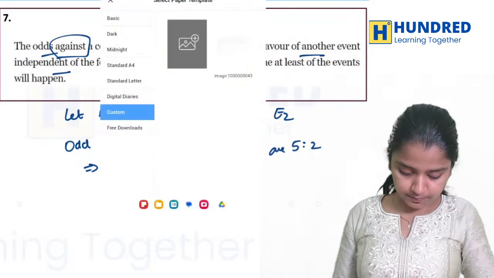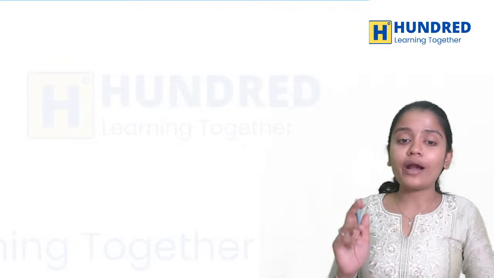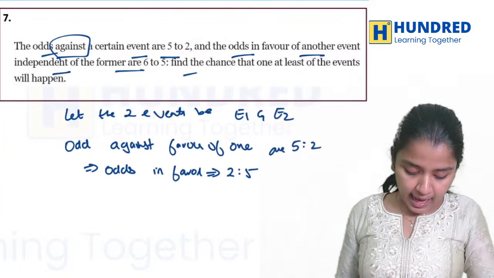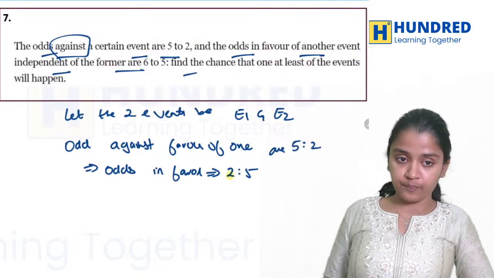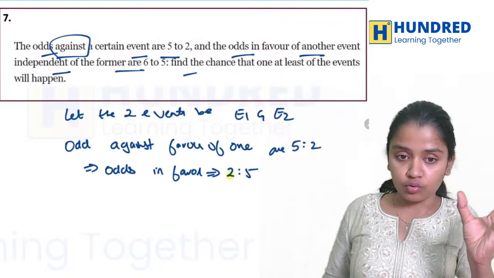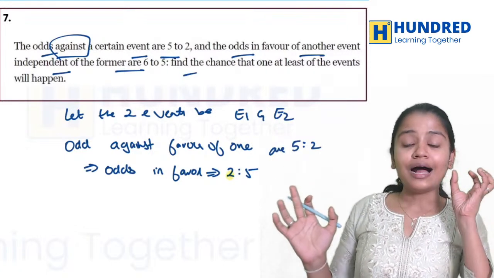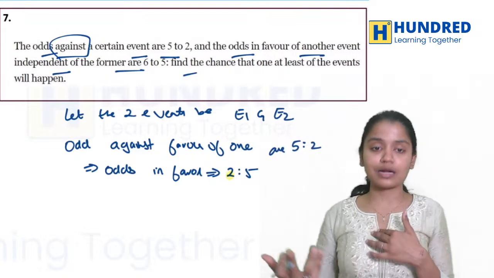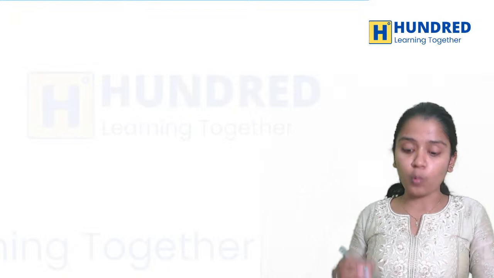Now you have to find the probability that one is happening. In favor is 2:5, so 2 happen. If the ratio total is 7, then 2 is the ratio of happening and 5 is the ratio of not happening. That is what it says. So what we have to find is the probability of one happening.